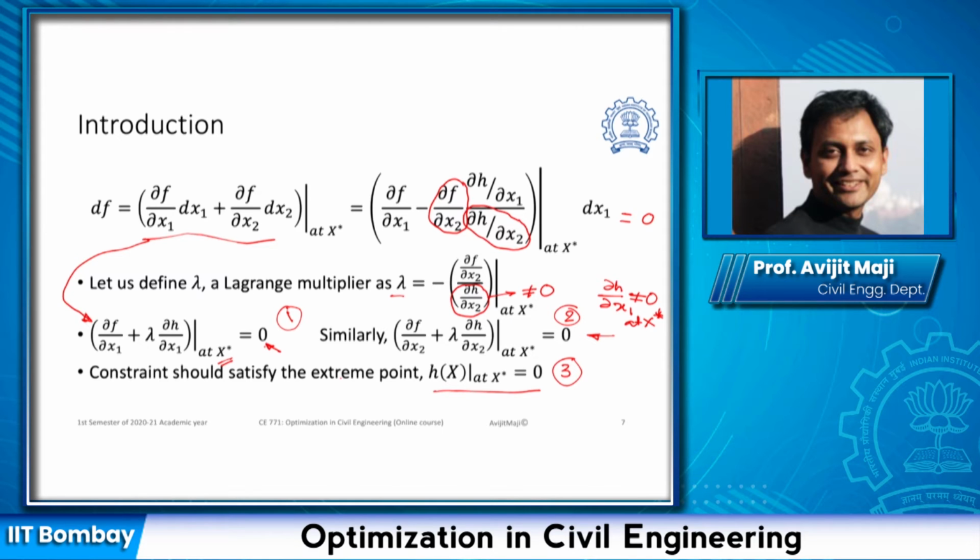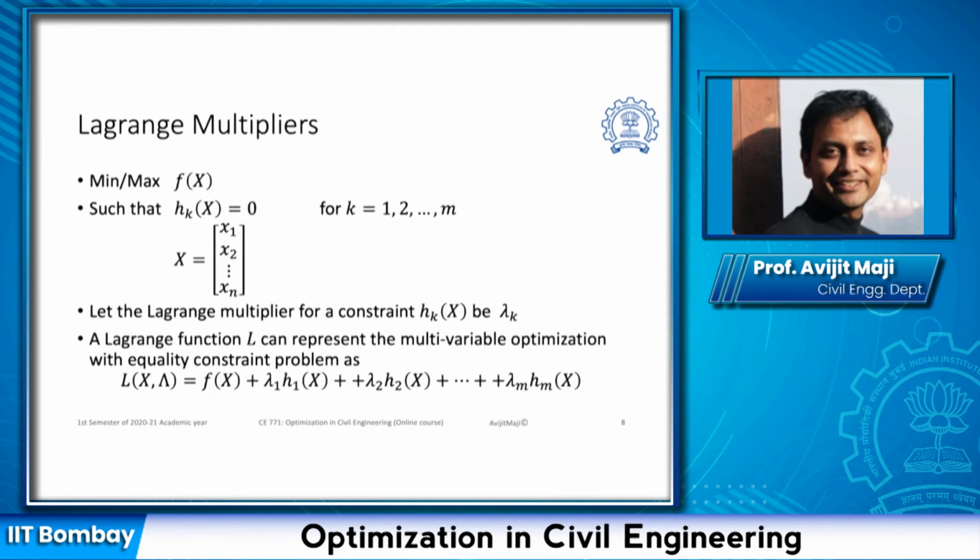Now let us look into how we can extend this for all the variables and the complete optimization equation. As we indicated earlier, our optimization equation can look like this, where we are minimizing or maximizing an objective function with equality constraint, where X, the capital X, stands for the n-dimensional array.